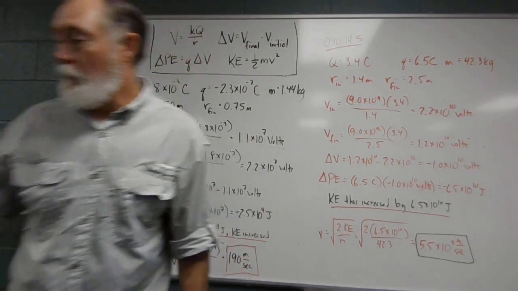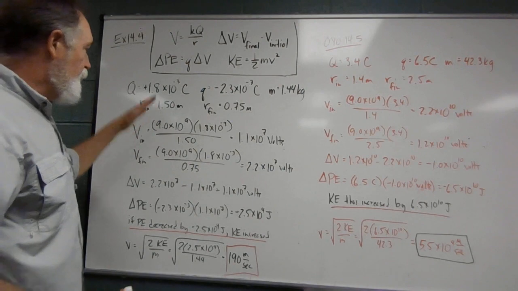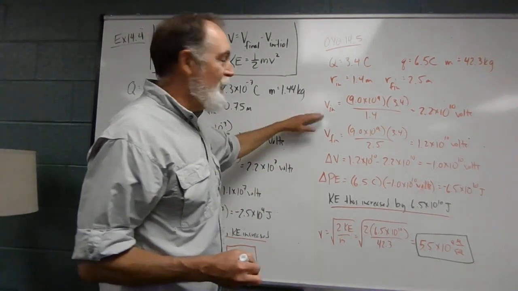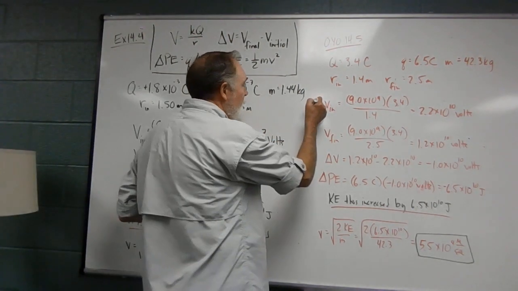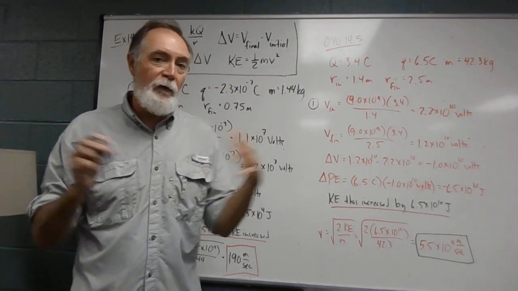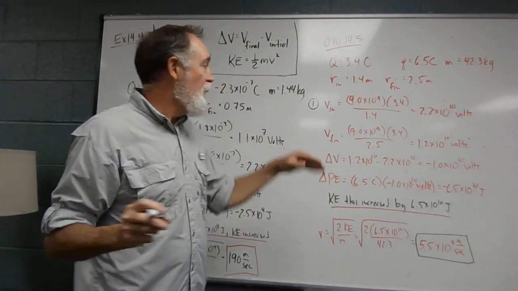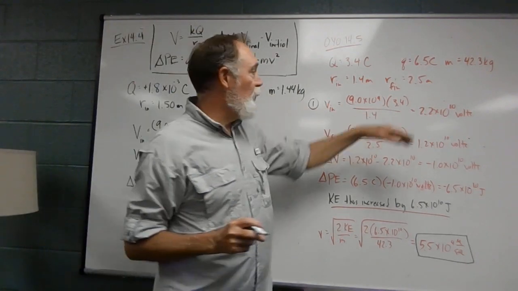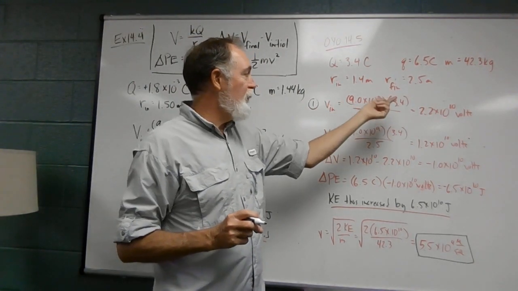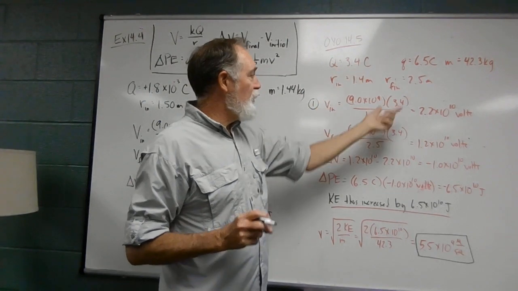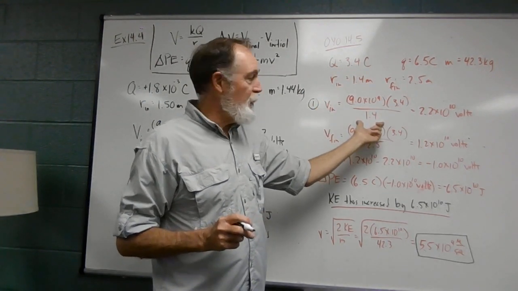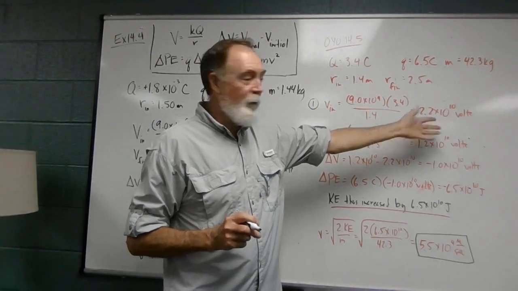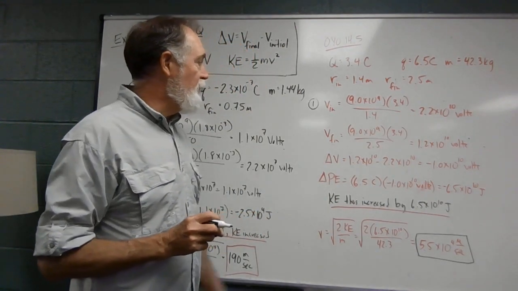There's not any difference in the procedure from the example here. So notice in each one of these cases, if we're asked to find the velocity of the moving particle, then the first thing we're going to do is calculate the initial voltage. Coulomb's constant, the stationary charge, the initial distance between them. So we get 2.4 times 10 to the 10th volts.